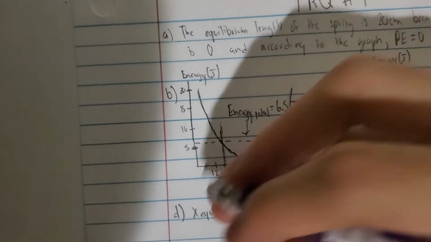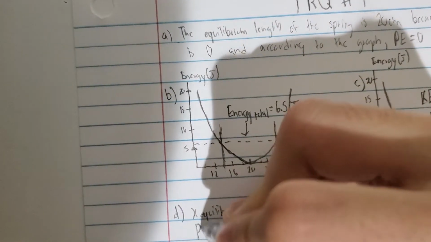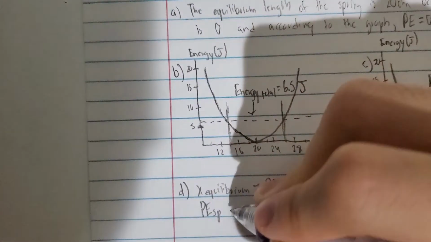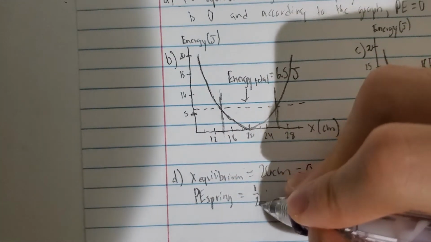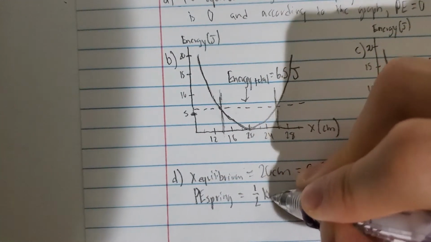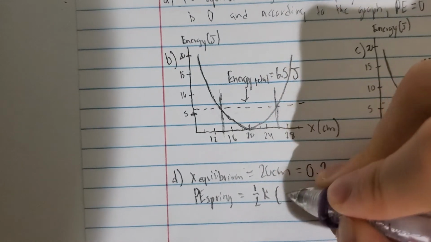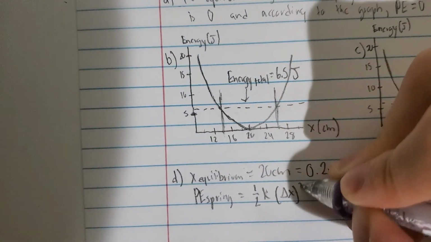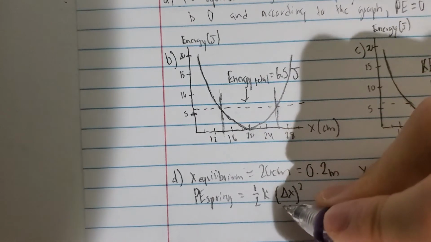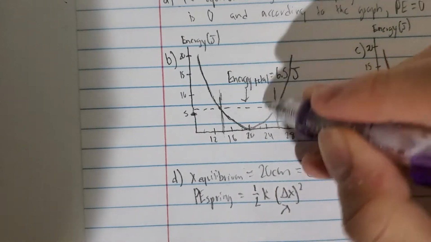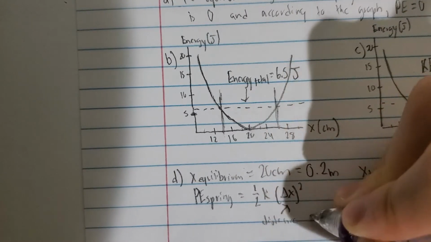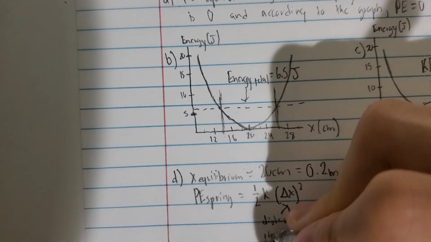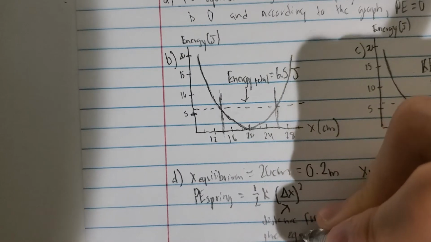So I know that PE of spring is equal to 1/2 times the constant times delta x squared. Now note that this delta x is not the same as x. It is the distance from the equilibrium point.